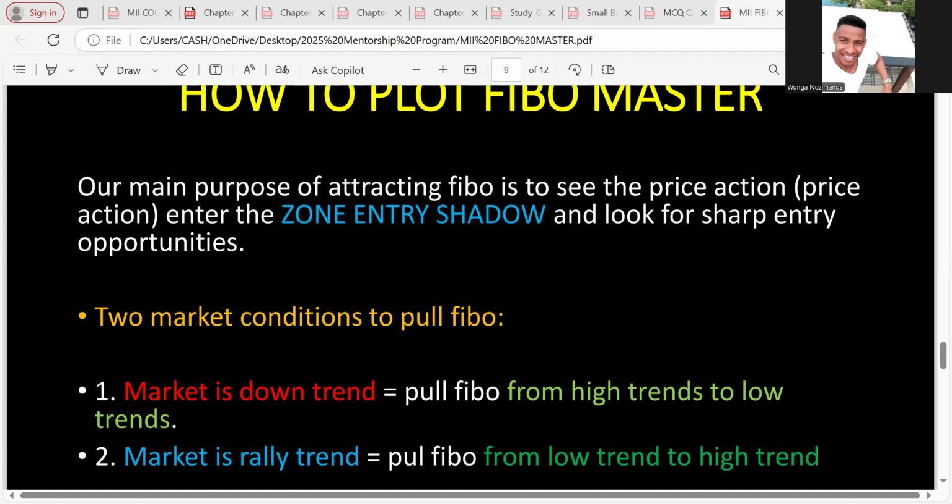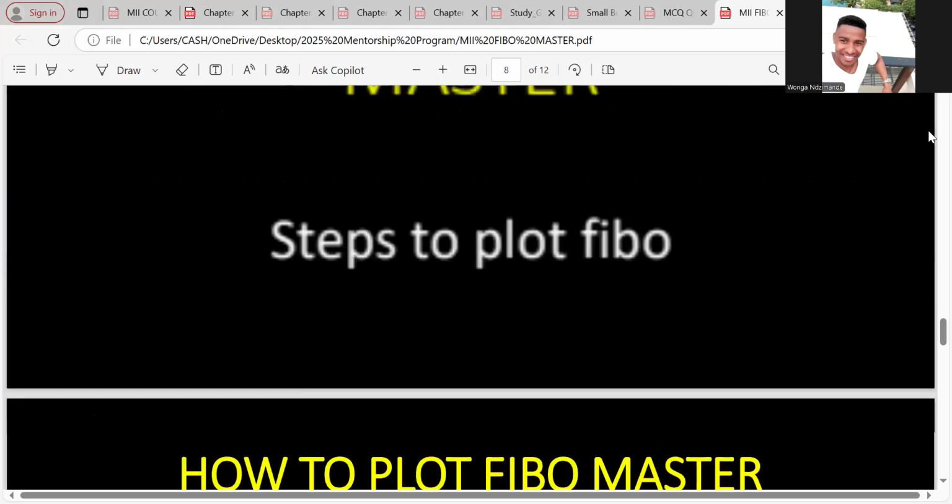In terms of the Fibonacci, it is a tool that we use mainly to have sniper entries. Sniper entries, what does it mean? When you place an order in a trade, you want to make sure that number one, you've got the best entry point.